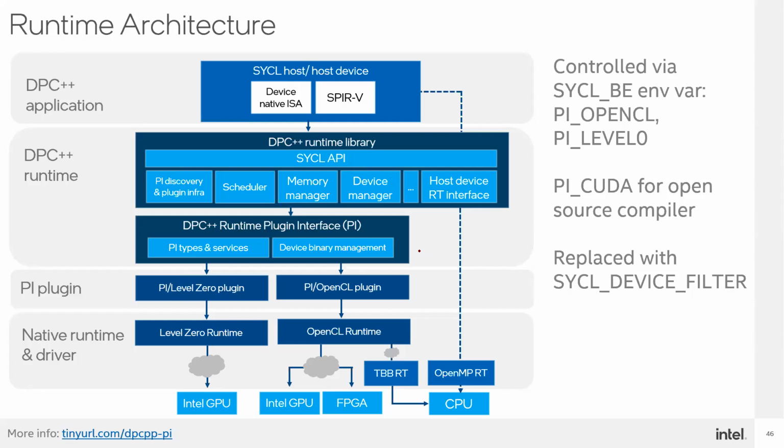And in order to make this abstraction, right, the feature called the plugin interface layer was introduced. So in reality, to make this mapping of high-level DPC++ code to low-level OpenCL, Level Zero, or CUDA code, you need to have some intermediate plugin interface.